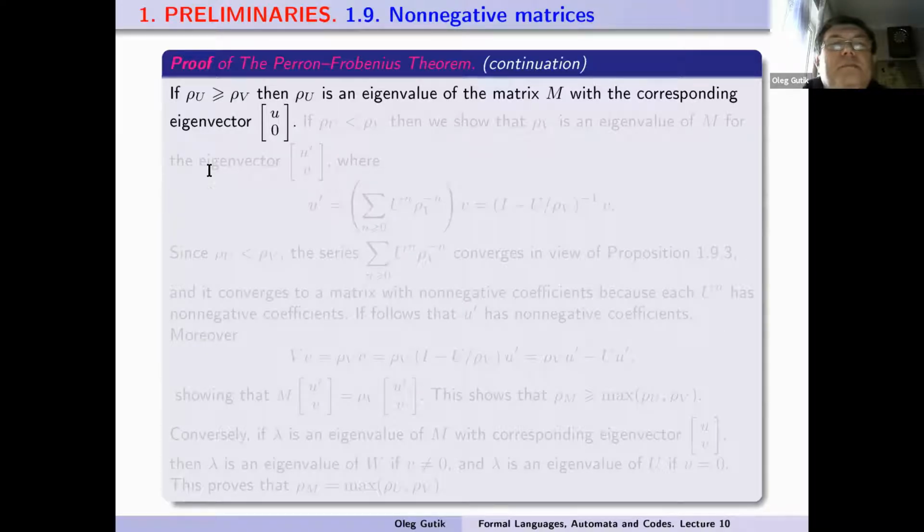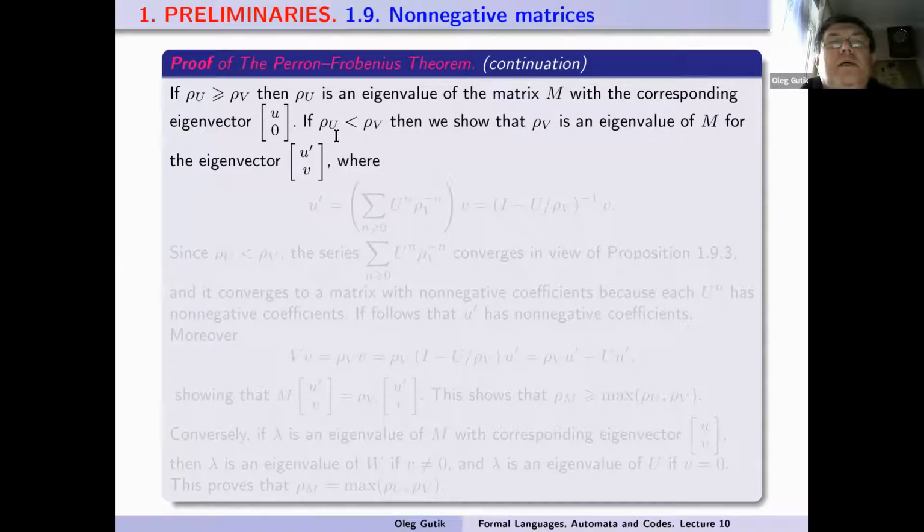If rho(U) is greater than or equal to rho(V), then rho(U) is an eigenvalue of the matrix M with the corresponding eigenvector U0. If rho(U) is less than rho(V), then we show that rho(V) is an eigenvalue of the matrix M for the eigenvector (U', V), where U' is the following product.